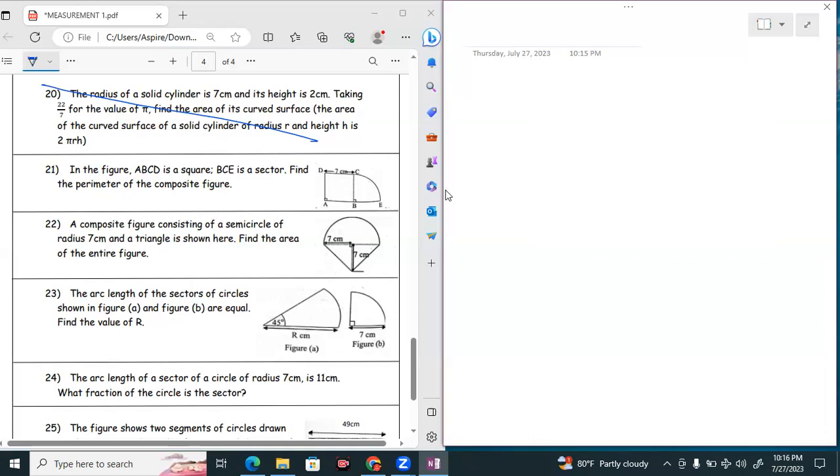In the figure, ABCD is a square, BC is a sector. Find the perimeter. Okay. Then to find the perimeter, you should have found this arc length. It is obtained by 1/4 into 2 5 r.